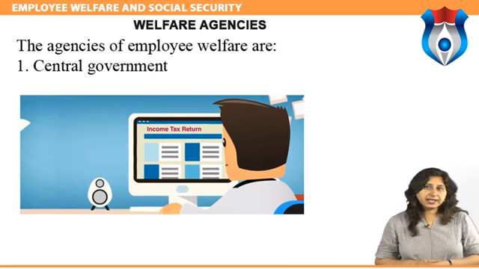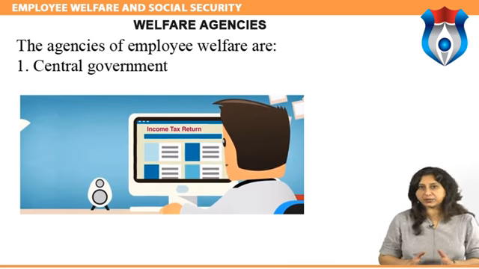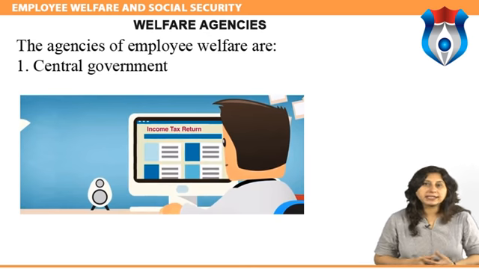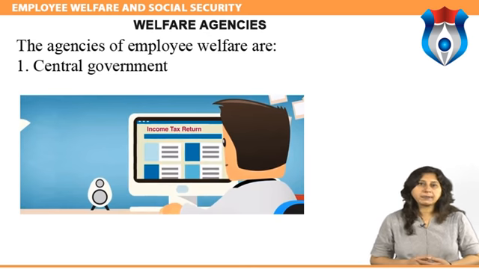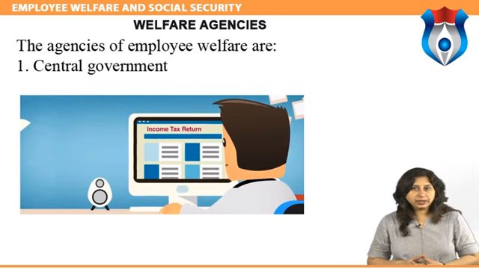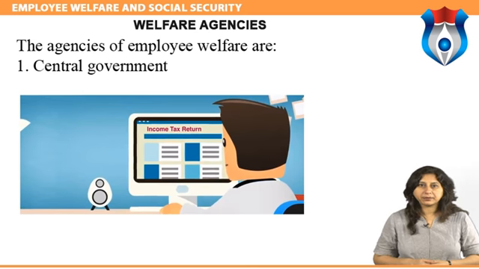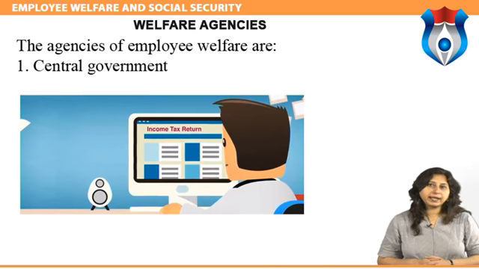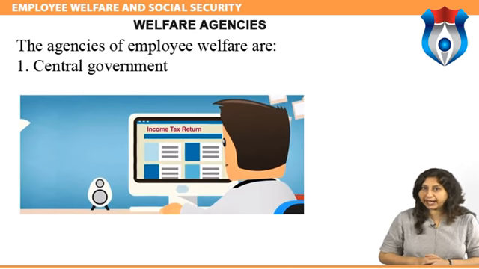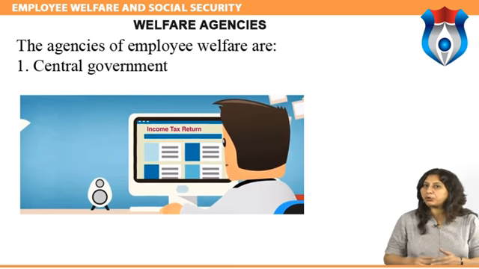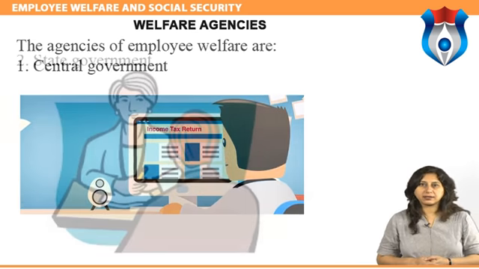Statutory welfare funds have been set up in important industries and mines to provide games, housing, hospitalization, educational, maternity, child care and recreational facilities. Similar facilities are provided under the Plantation Labour Act 1951 and Motor Transport Workers Act.